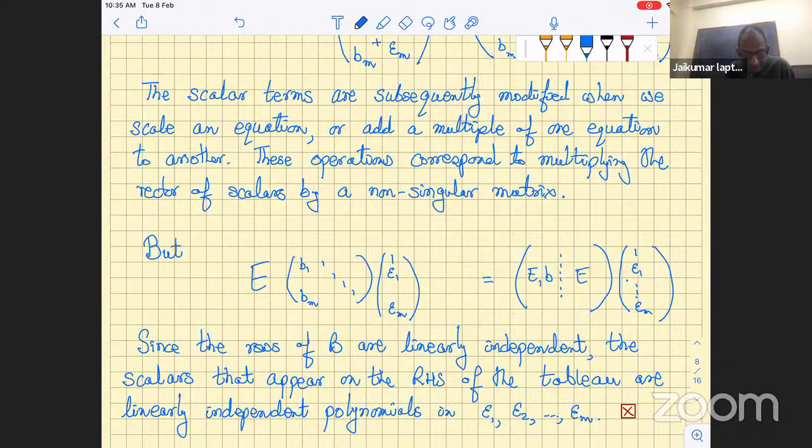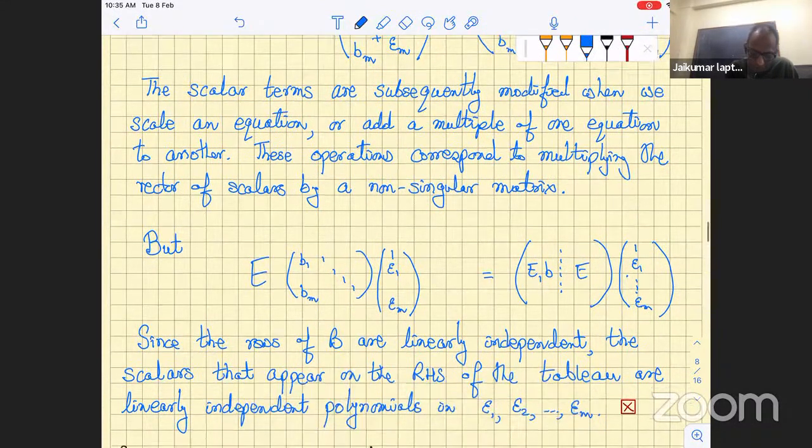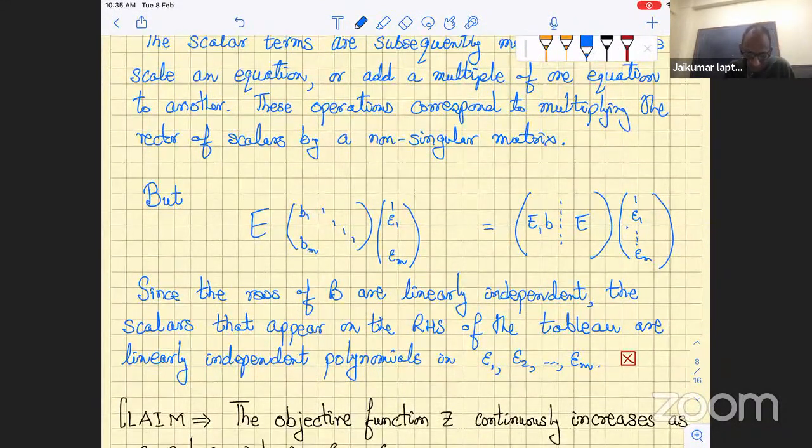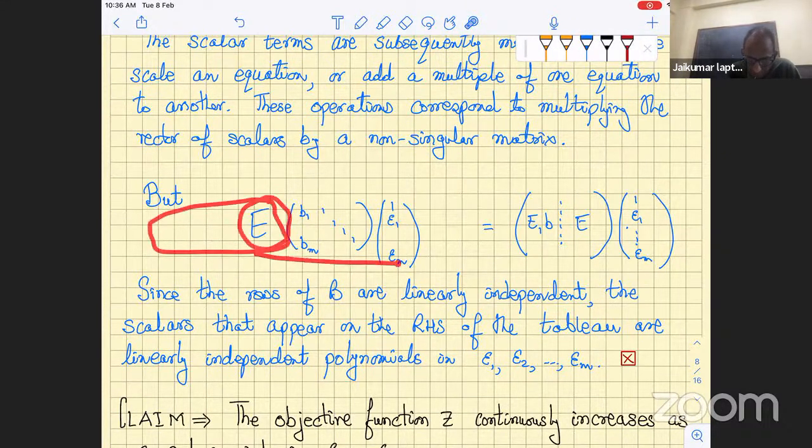Is that clear? So if there is a question about this, please ask me. We are just at the end. Okay. So if you ask, what does the expression look like at some later stage? You started off with this, and at any stage, you would have multiplied several elementary matrices. So it's a non-singular matrix here, and you have multiplied this.